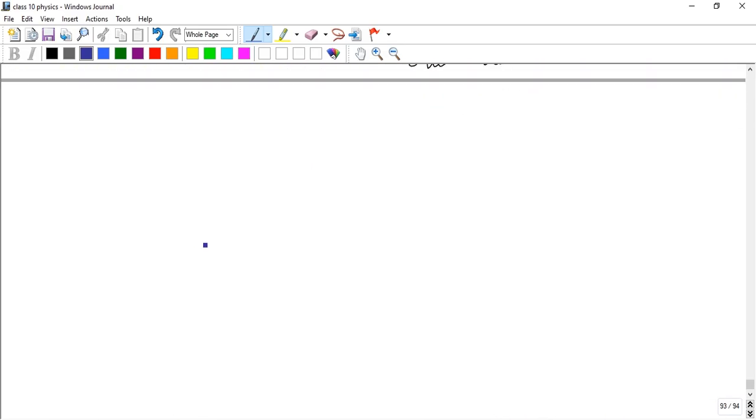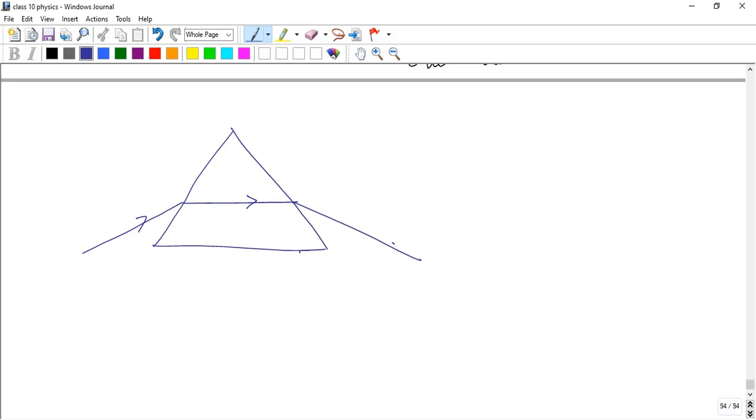Now, if I draw a clean diagram, that's not a triangle. That is the incident angle, and the refracted ray is parallel to the base.